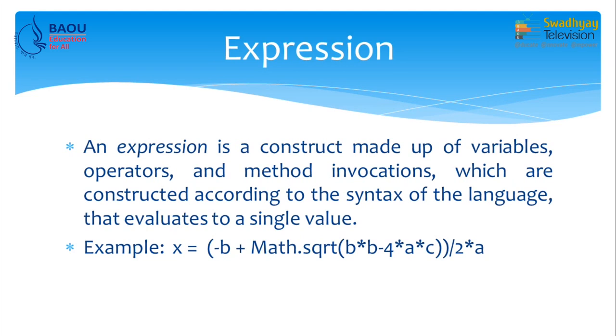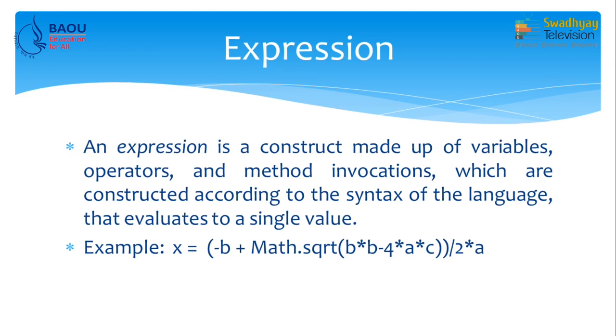We already wrote down some expressions. An expression is a construct made of variables, operators and method invocations, which are constructed according to the syntax of the language, that evaluates to a single value. One example of an expression shown on screen is finding the roots of a quadratic equation.